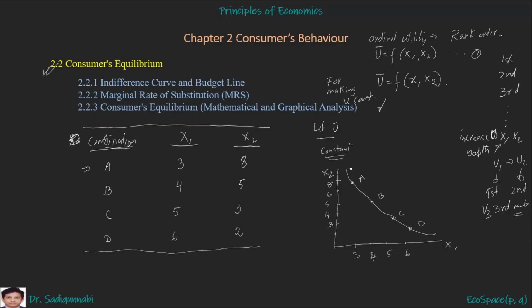And this convex curve gives you the same constant utility. Constant utility at each point A, B, C, etc. So there are millions of points on this curve, each and every point giving you the same level of satisfaction or same level of utility.